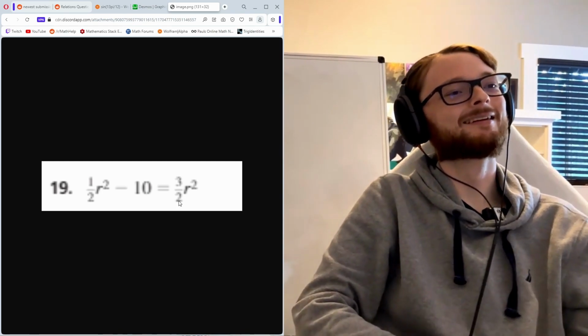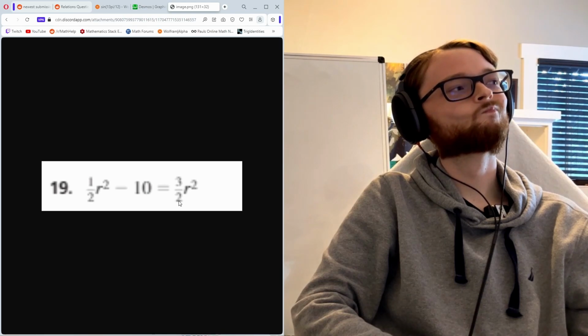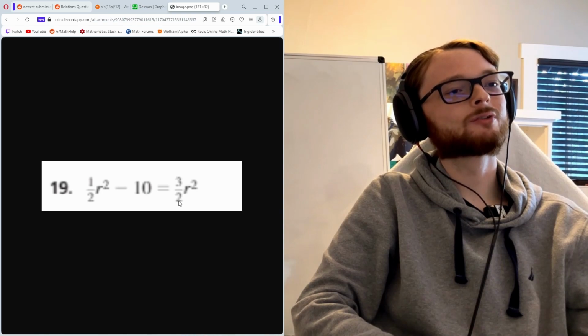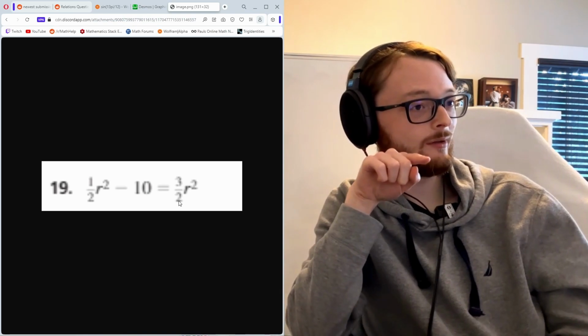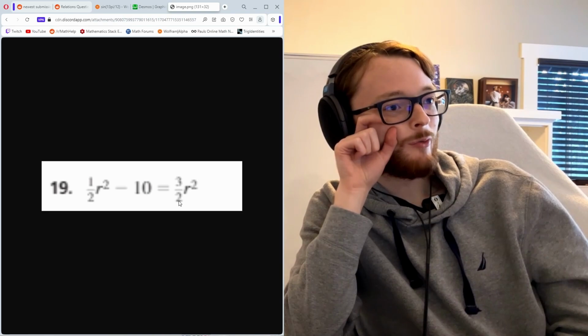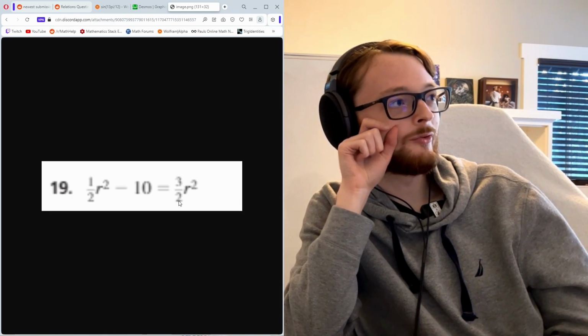Really? Isn't there no solution? Or if you did the opposite, and then minus 3 over 2 r squared from each side, you get minus r squared minus 10 equals 0, which, no, that's not true.